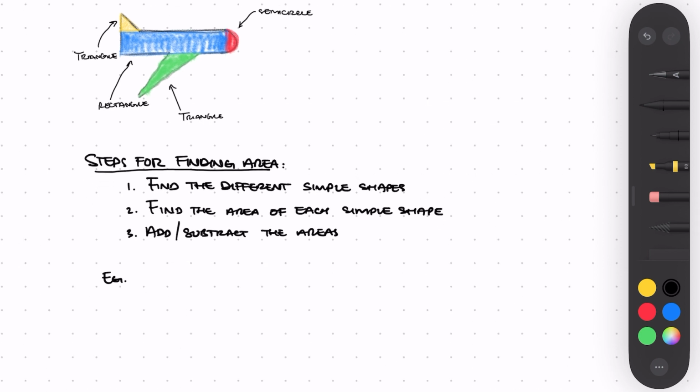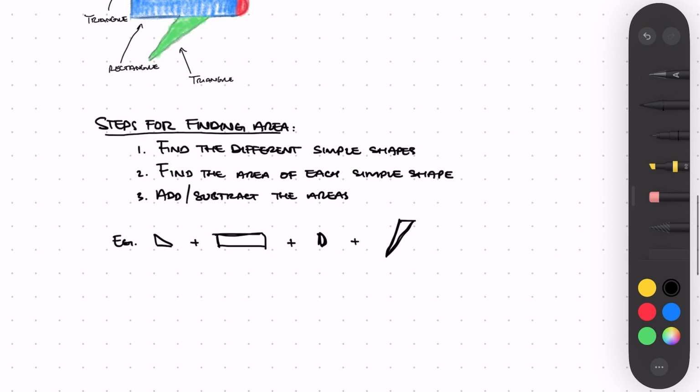What you would do is find the area of the tail triangle plus the rectangle for the body plus the semicircle and plus the bottom triangle there. So you can see how the different shapes can easily be found now that you know what these different areas are.